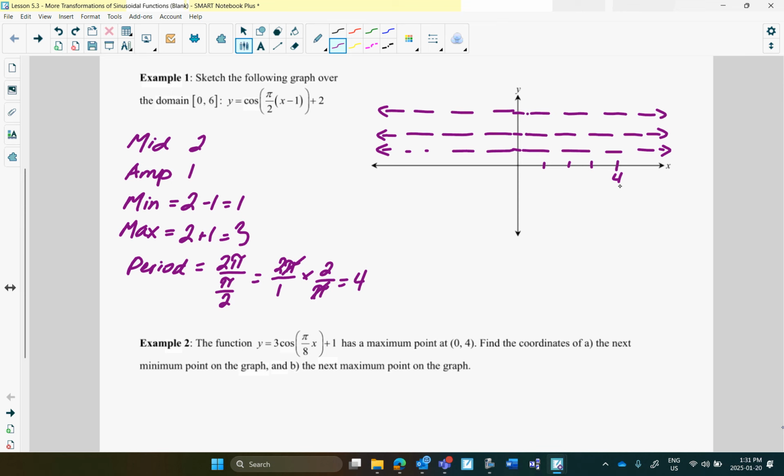So now we've got to keep in mind we're going to shift it 1 unit right. Remember that. When I say 1, I don't mean 1 notch. I mean a value of 1, which happens to correspond to a notch in this one.